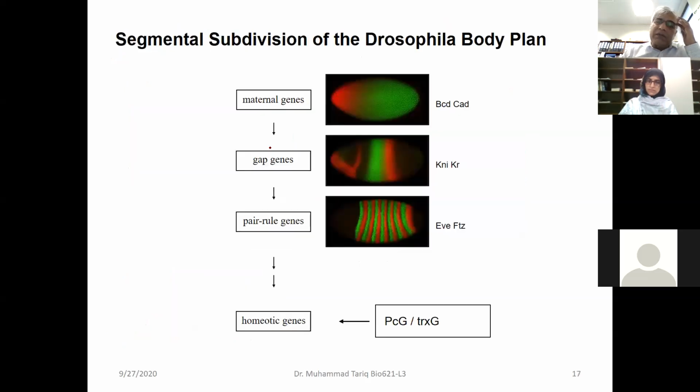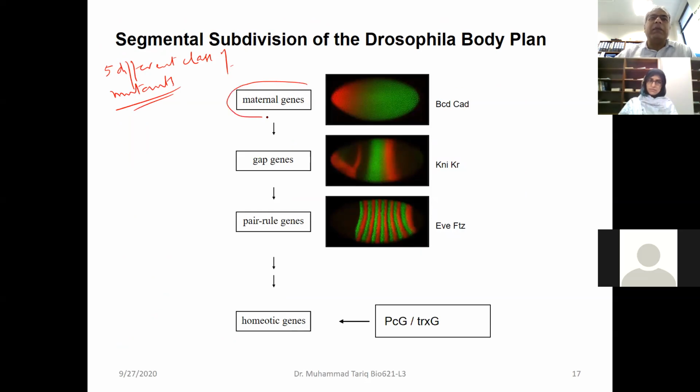Based on their discovery, we will talk about these landmark discoveries in a few lectures from now, they discovered that there are 5 different classes of mutants. So they grouped the mutants in 5 different classes based on the phenotypes.